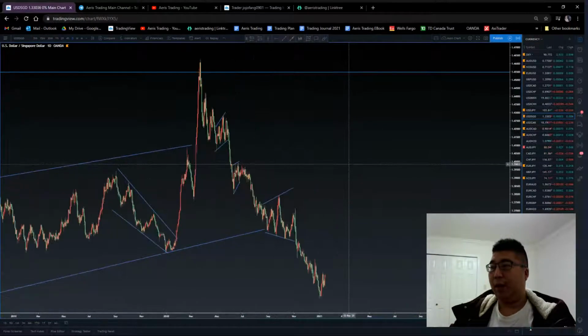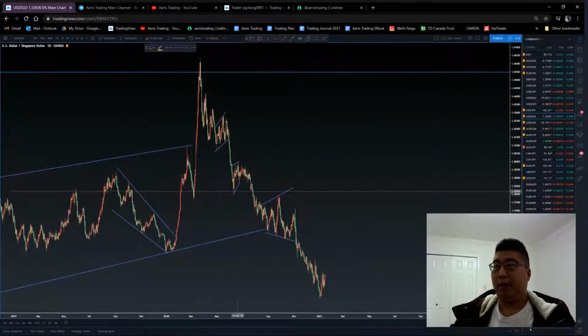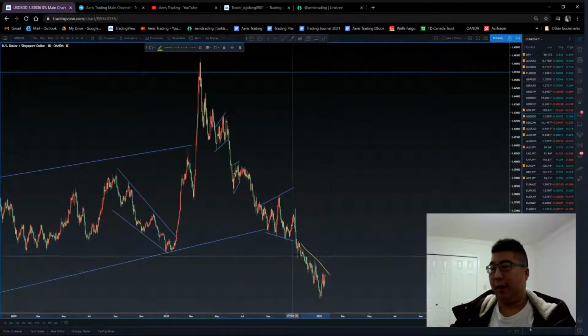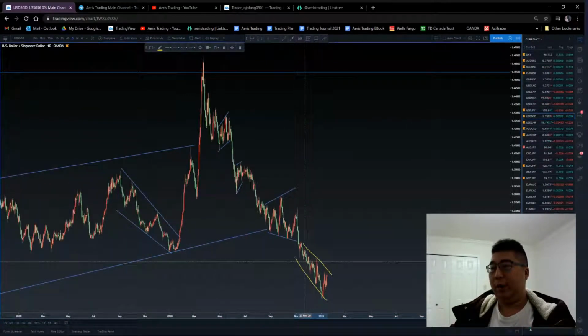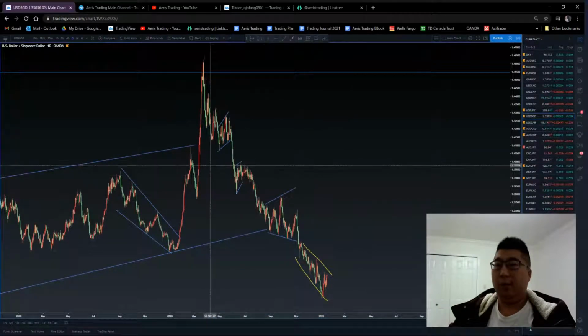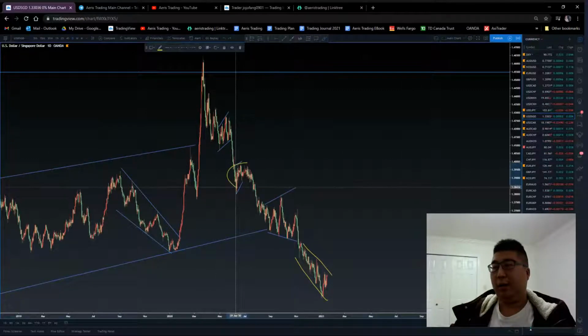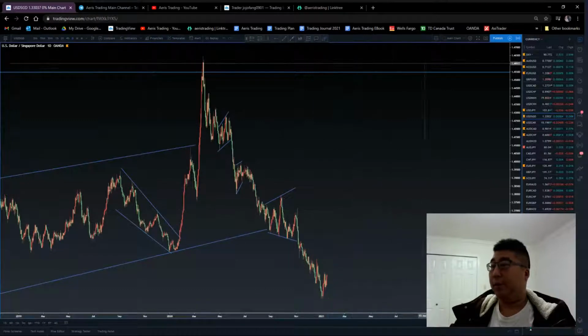Zooming out here, we have been dropping quite a bit on dollar Singapore dollar, but I like how we're clearly in a correction rather than an impulsive move. Price can only be in an impulsive phase or a correction phase, right? We're in a correction phase, expecting the impulsive phase to resume.